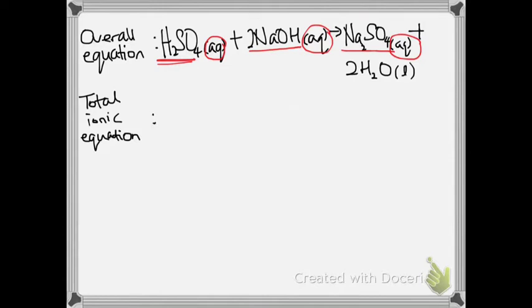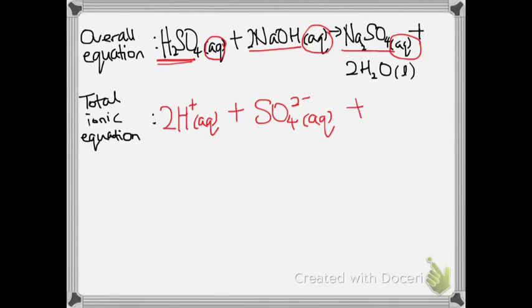H2SO4 was split up into H+ (aq) and SO4 2- (aq). Now remember, this is H2SO4. Therefore, it will release 2 H+ ions.